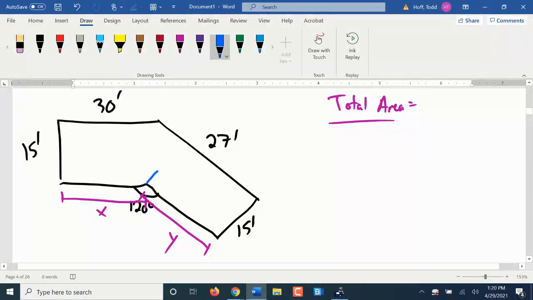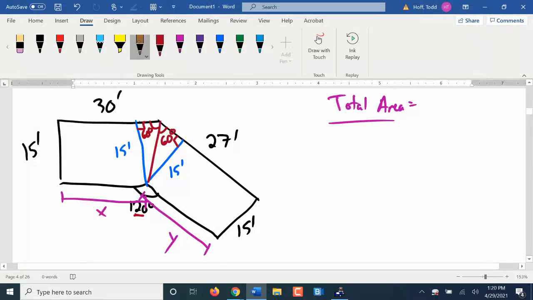So first thing I'm going to do is cut this here and here. These are each 15 feet. Now because those spans are the same, these two triangles here are the same, which means this 120 degrees gets cut perfectly in half, 60 degrees here, 60 degrees there.